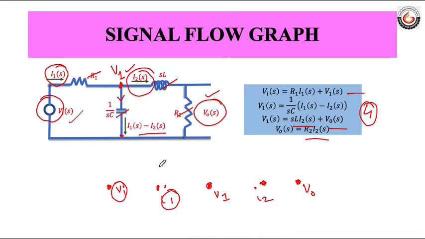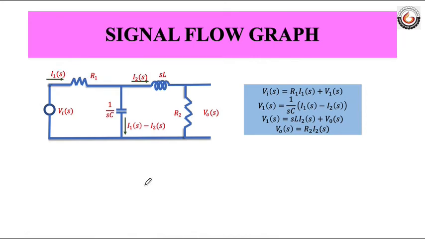Because I will write I1 in terms of V1. One second, I will just erase it once. I will just draw it properly. I am having the first node as Vi and the second is my I1. Okay, so V1 is nothing but R1 I1 plus V1s.